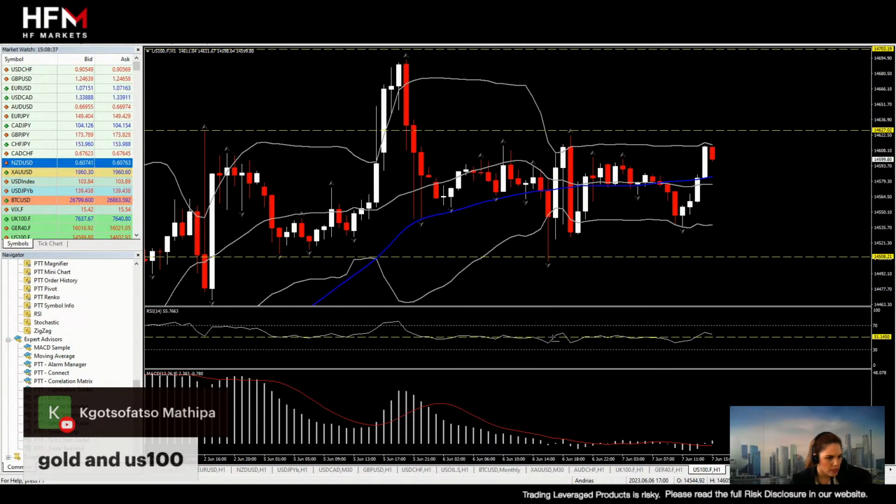Where's RSI? Just managed to extend above 50, but is now looking lower, looking ready to dip again, break lower the 50 zone.